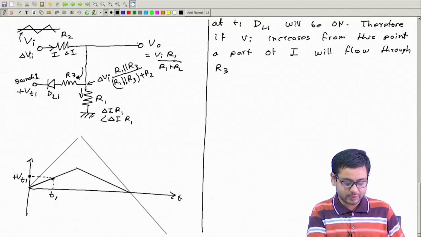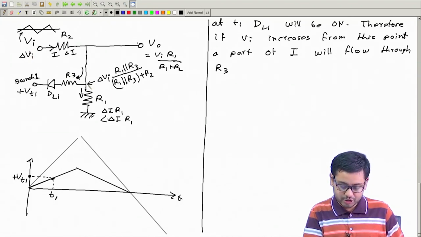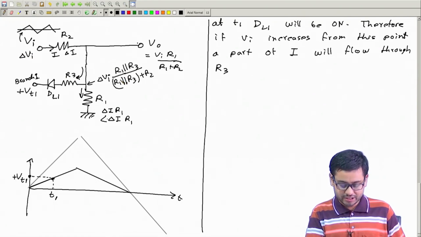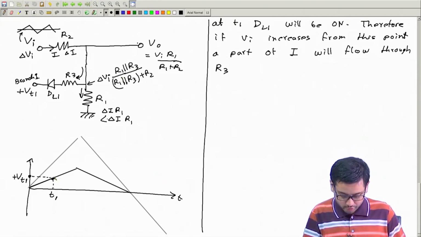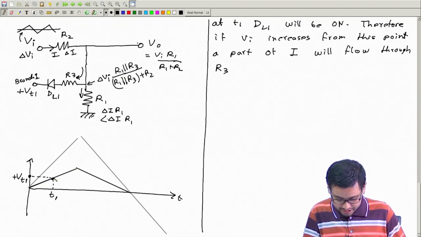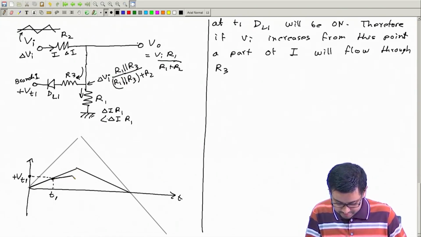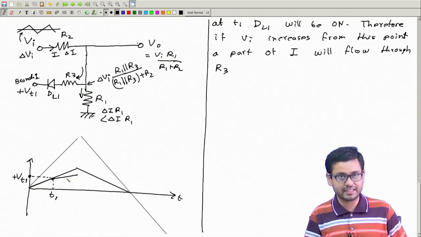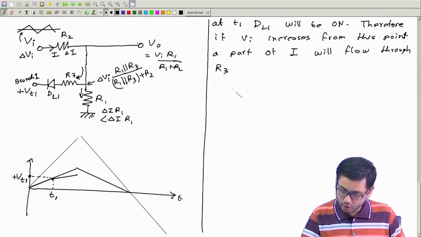So if this increases by delta Vi, this voltage will now increase only by this amount. So the voltage will not increase as fast as it was increasing here, but it will increase at a slower rate, like this. It was increasing like this, and now it will increase like this at a slower rate.